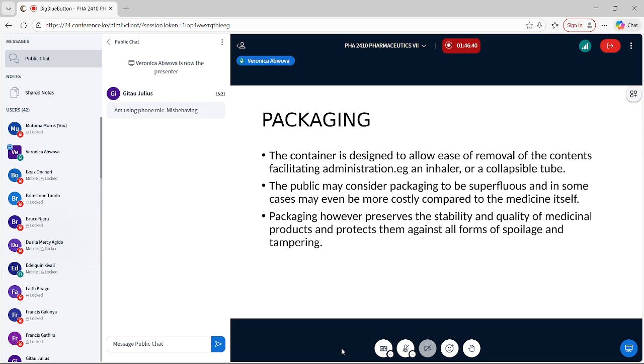If you're not able to generate that atomized spray, you will not be able to get this drug getting into the lungs. Okay, so you may find that the drug in the inhaler, the drug itself costs very little, but the device costs a lot.